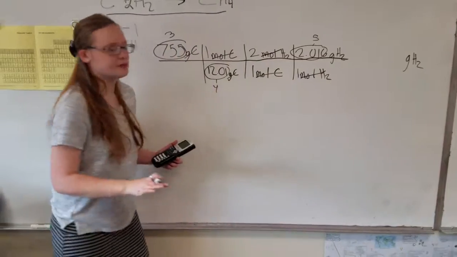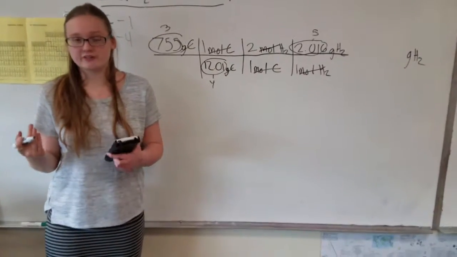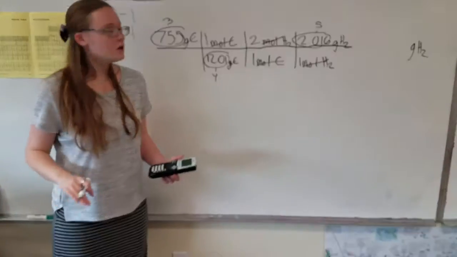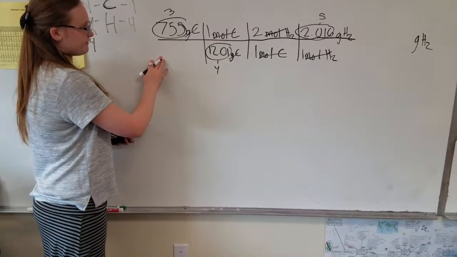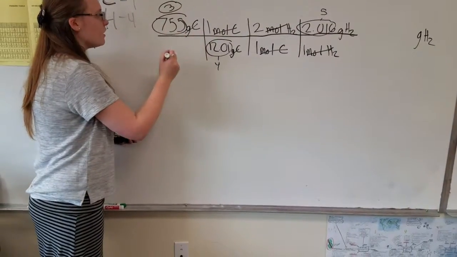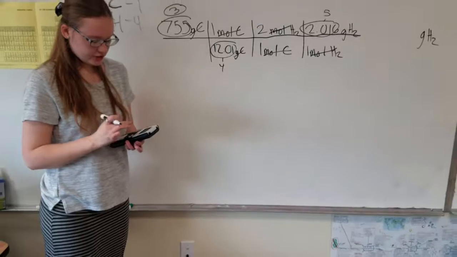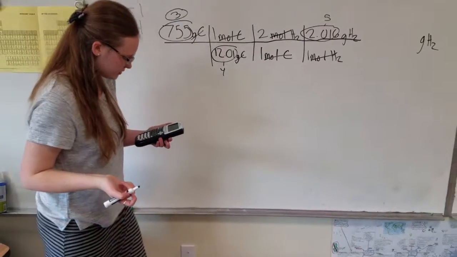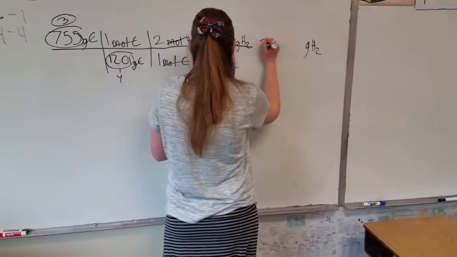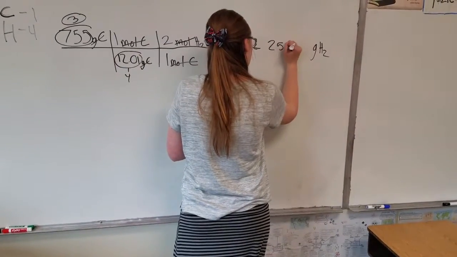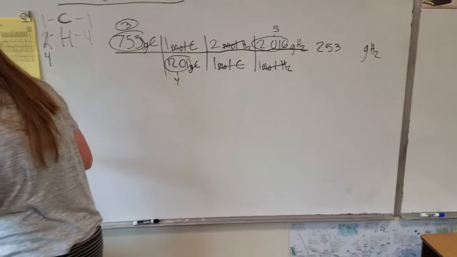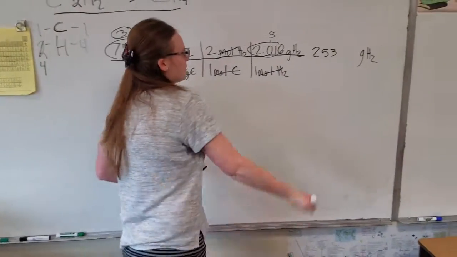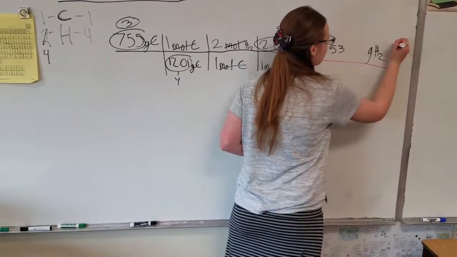The rest don't count simply because they are counting numbers and the number of significant figures with them could go on and on. So our smallest number of significant figures is 3. So we are going to round this answer to 3, which would give us 253 grams of hydrogen gas.